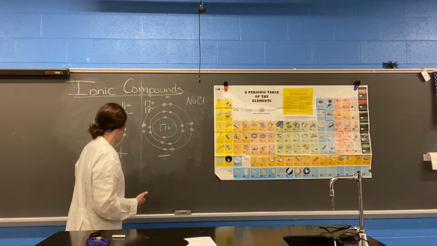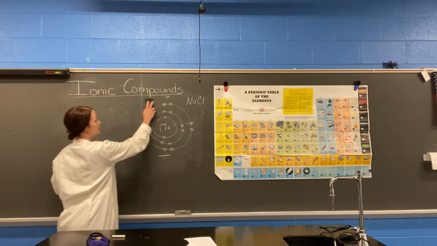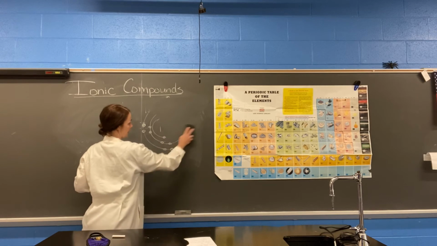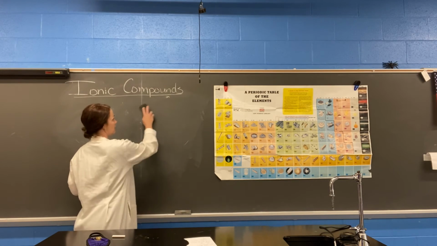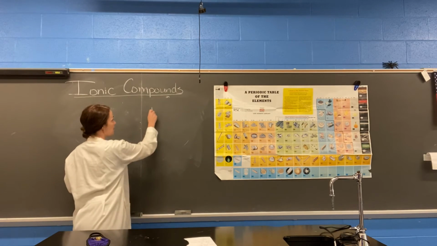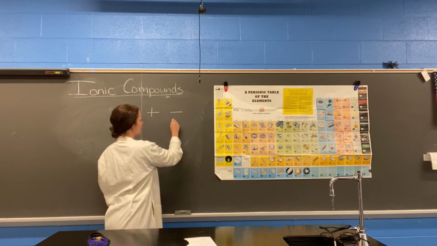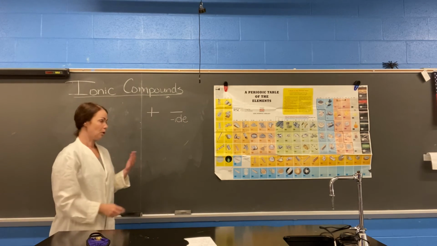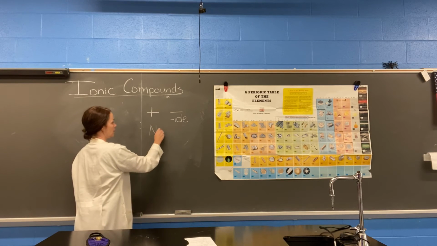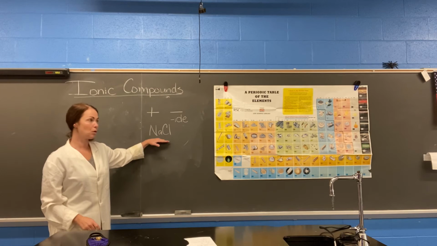Now it's also important to understand how we name these things. We don't call it sodium chlorine. That's not what we say. We say sodium chloride, and that's because we use the positive ion's name first, and then we change the negative ion's ending to -ide. So when we have sodium and chlorine in an ionic compound, that becomes sodium chloride.